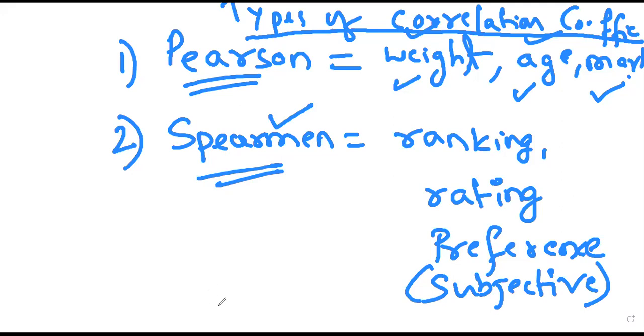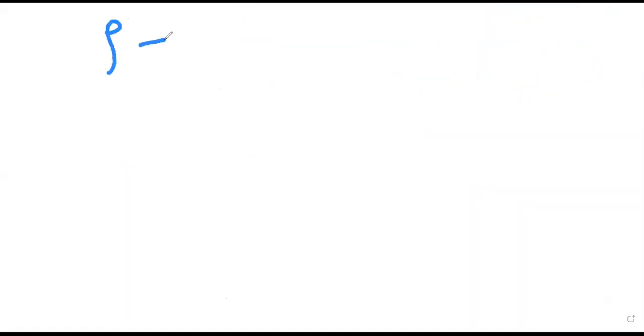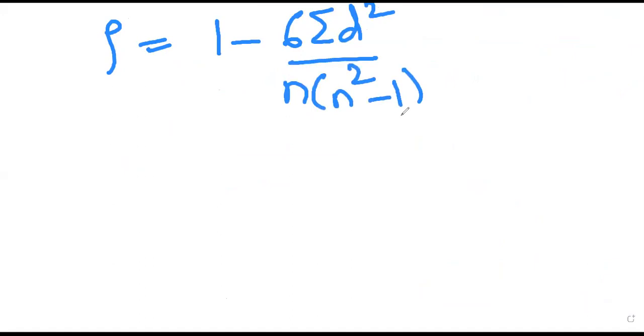I hope everyone has made note of this. So just calculate the rank correlation. The formula remains the same, divided by n into n square minus 1. What is n in this case?